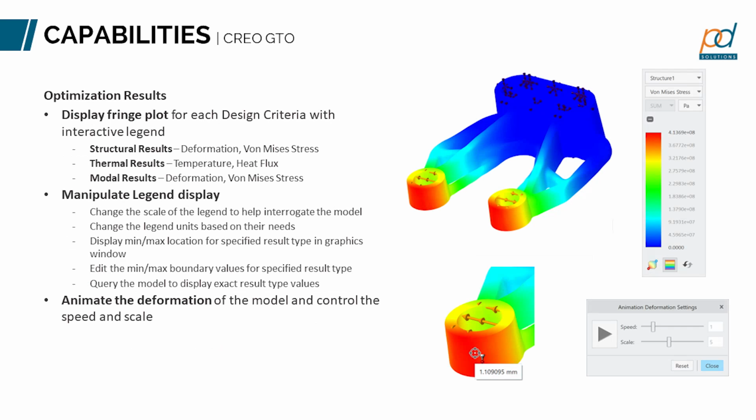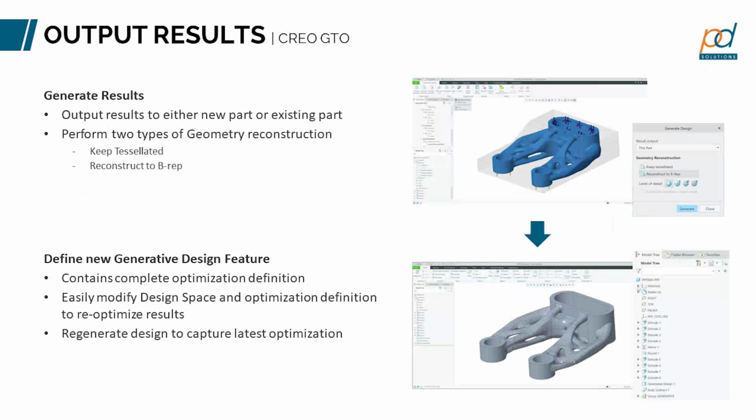Then we run our optimization, which in this software is amazingly fast. And then we can go through and look at the results: stresses, deformations, modal frequencies, things like that. We do that to check that the design is really meeting our requirements. And then we output the result and convert it back into a CAD model.